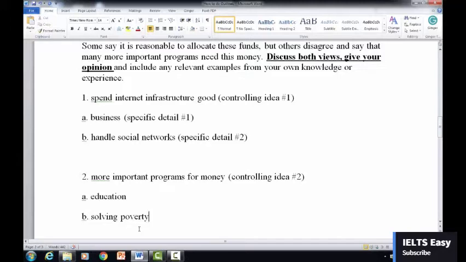Now, one way that you can also do it is, whichever side you agree with, whether it's that spending on the internet infrastructure is good, while you are discussing that side, you can discuss also within it that this is the side that you favor or support the most. Okay? So there are 2 different ways you can go about expressing your opinion.